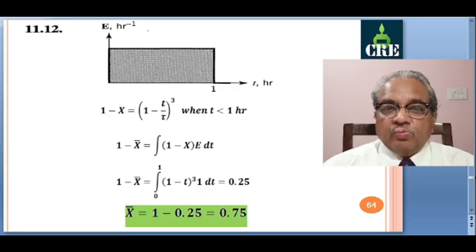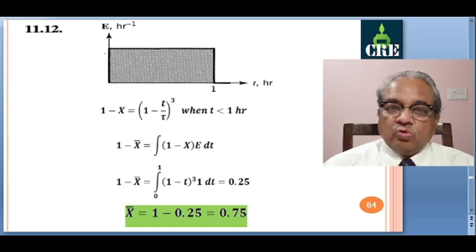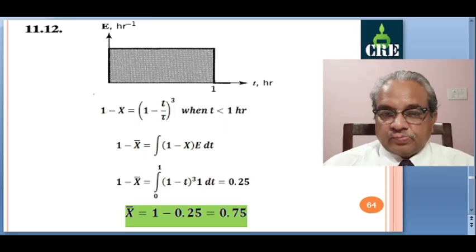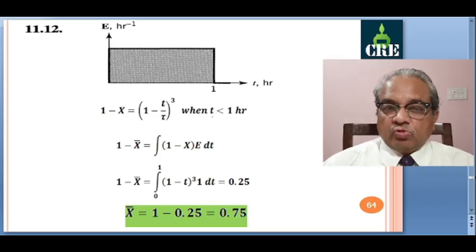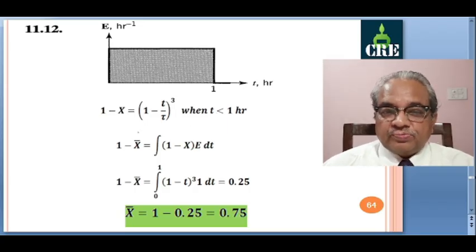First problem 11.12. E curve, this is 1 hour. Area under the curve is 1. So this value will also be 1 hour inverse. 1 minus x is (1 minus t by tau) whole cube. This is known when t is less than 1 hour. For t greater than 1, xa will be 1.